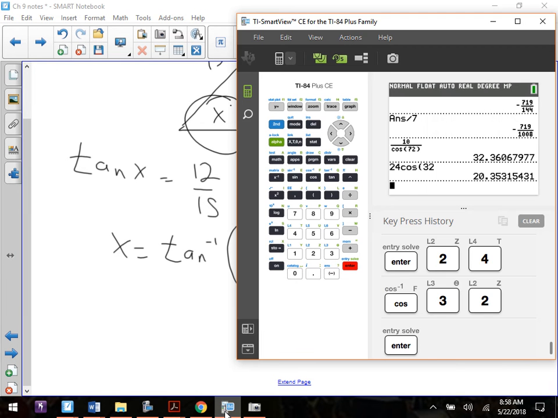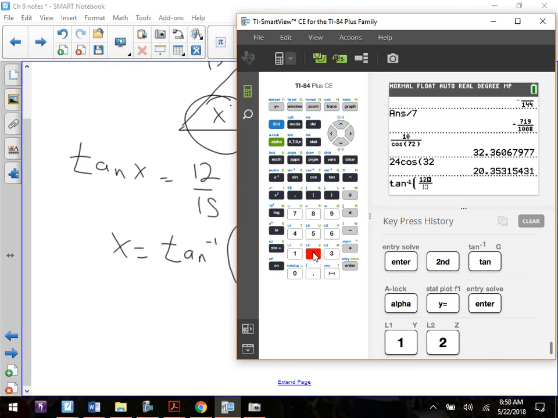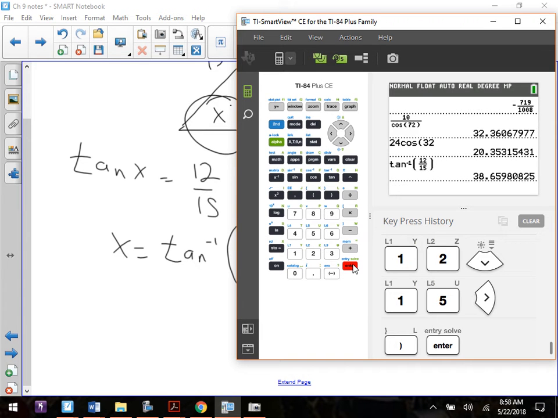Second tangent. 38.66. Okay. When you're searching for an angle is when you hit the inverse button. That's the only time you hit the inverse button. Josh, don't do that to her. Thank you. The only time you hit the inverse button. Okay?